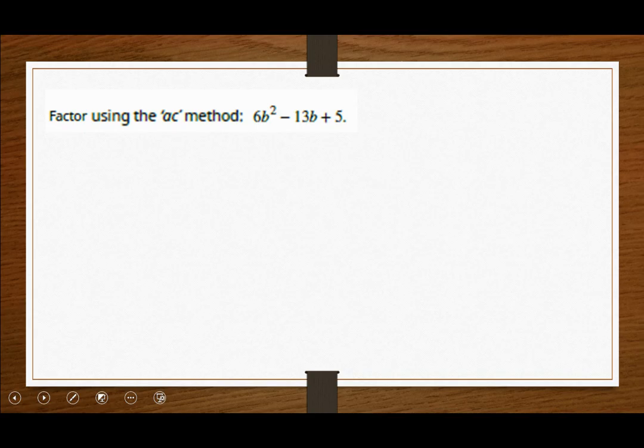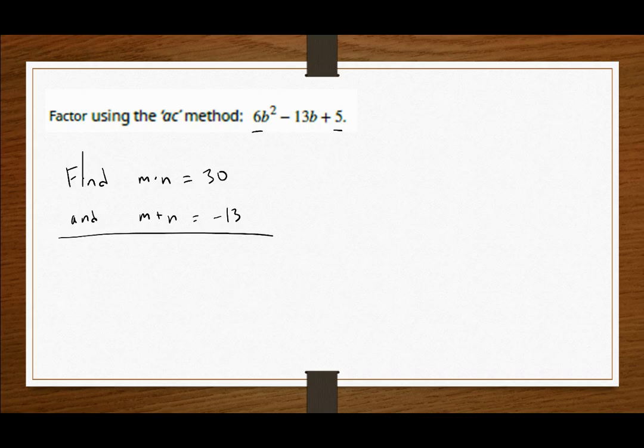Here I've got 6b squared minus 13b plus 5. And again, my task is to find values that multiply together to give me a times c. In this case, I get 6 times 5 is 30. And I also need to identify those same values that would add to give me my middle coefficient, negative 13.